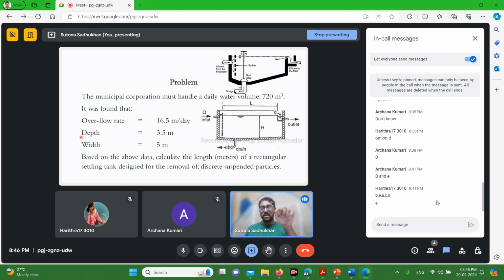It is perpendicular to the direction of your screen. It is not visible. So we will see the solution.